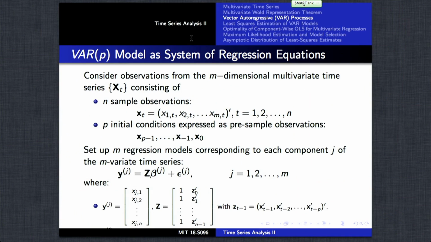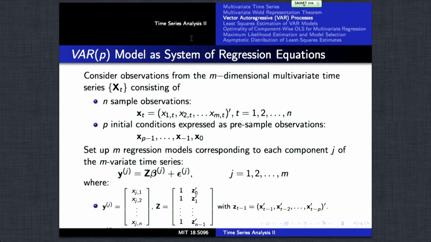Now, this vector autoregression model can be expressed as a system of regression equations. With multivariate data, we'll have n sample observations x_t, which is the m vector of the multivariate process observed for n time points.